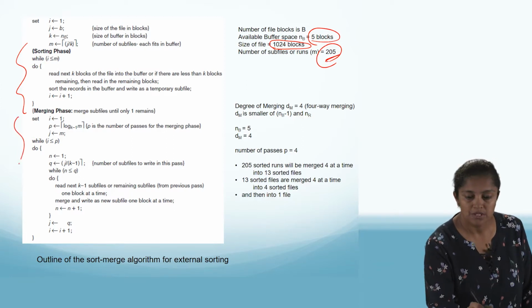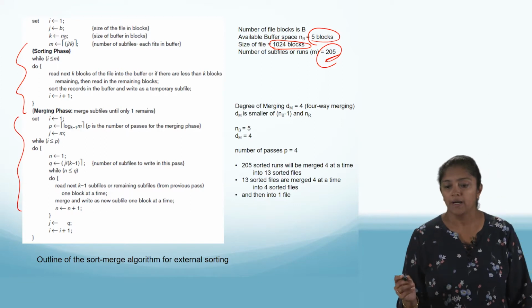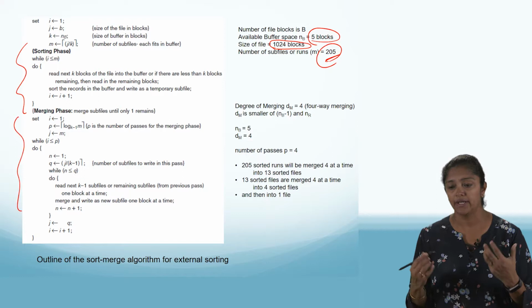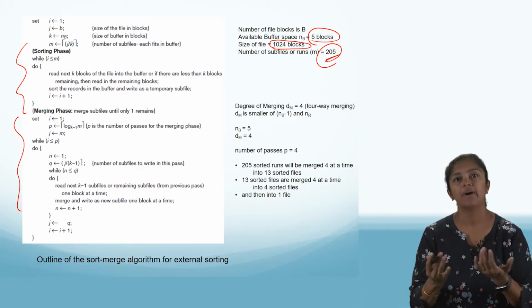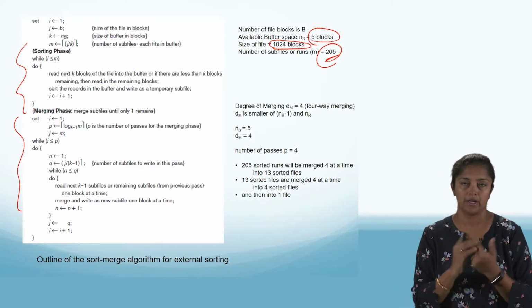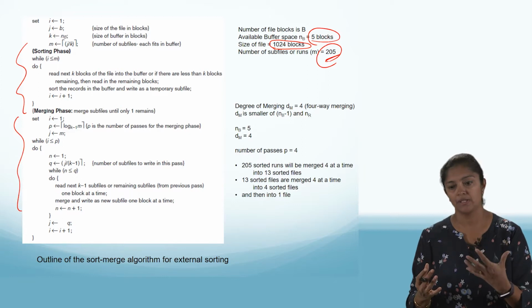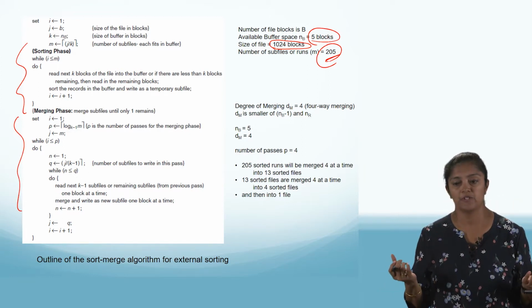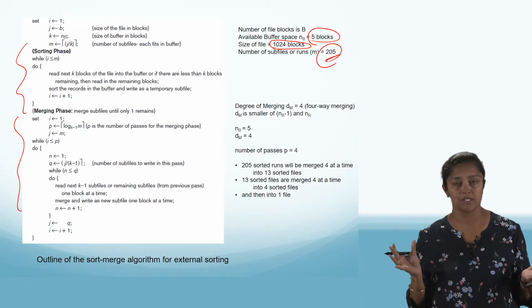Next comes the merging phase, where what we need mainly is a degree of merging. How many files can we merge at a time? Again, this depends on the buffer space that we have, and we earlier said that our buffer space can only handle 5 blocks at a time.